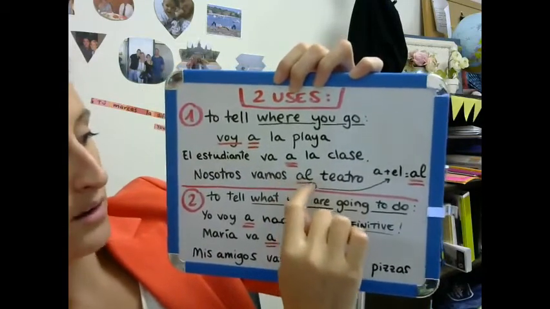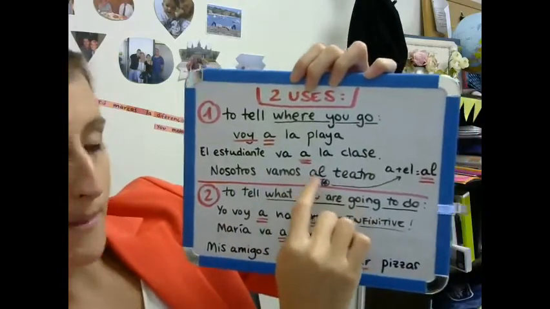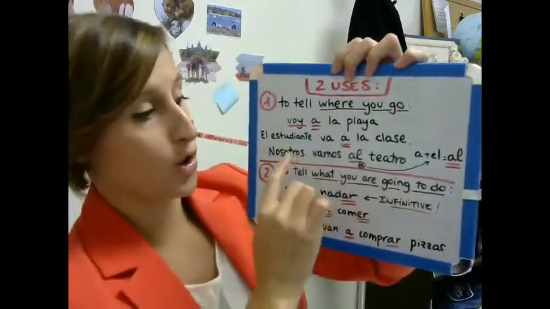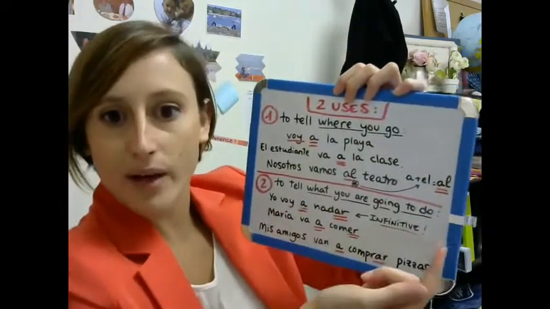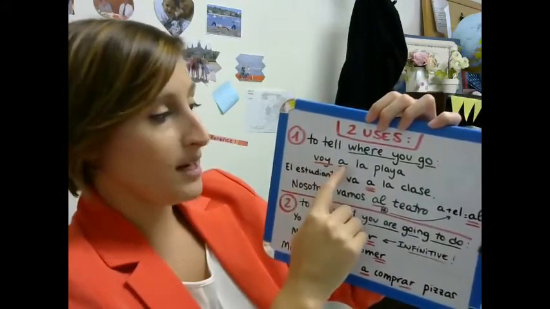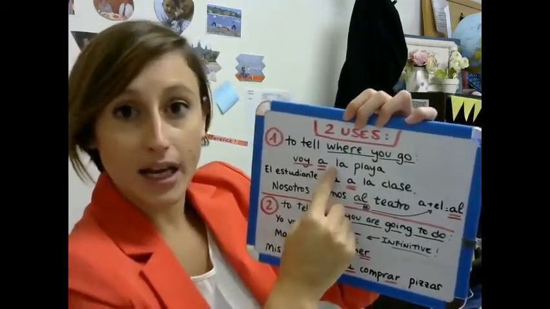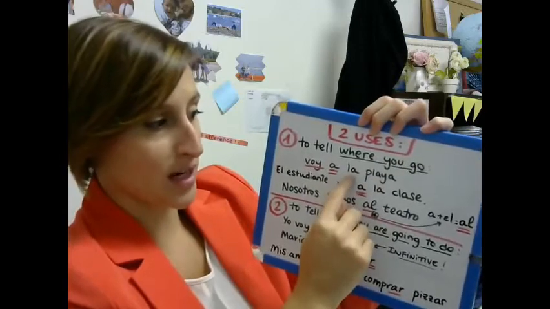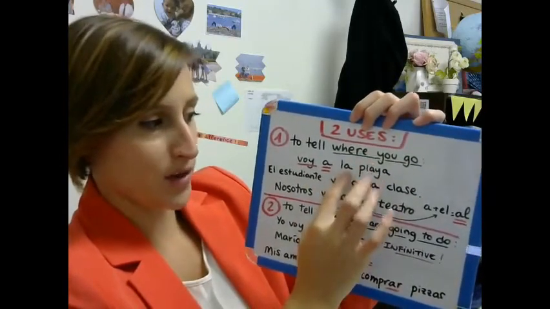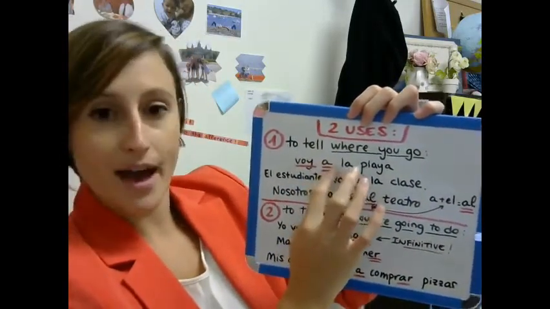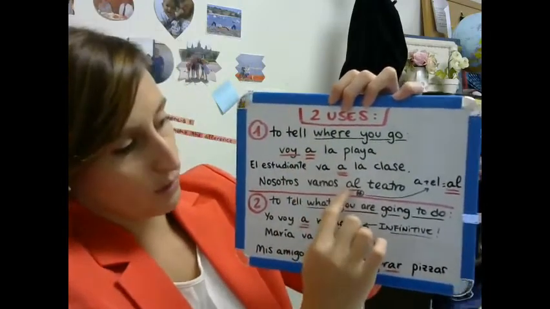So it would be nosotros vamos al teatro, or nosotros vamos al restaurante, or yo voy al cine. If the place is masculine, the el will combine with the a, so we will have that al, always.